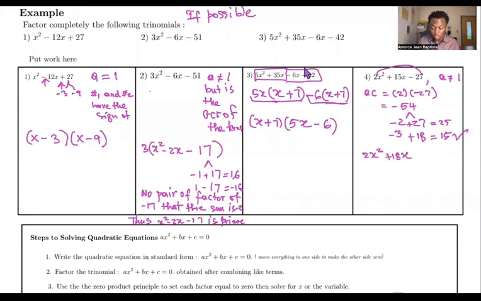It doesn't matter which one you put first, by the way, but since 2 and 18 share a common factor 2, I put them together, minus 3x, and then plus the last term that is negative, minus 27.